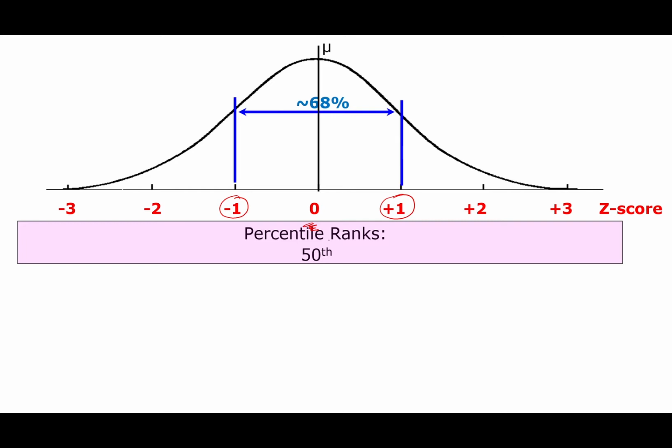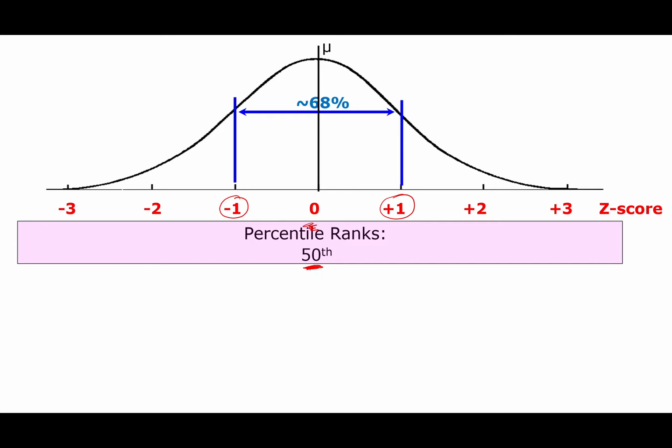And if I'm at my median, then that means I'm at the 50th percentile. By the way, notice I'm using mean and median relatively interchangeably, and that's because this is a symmetric distribution. So my mean is not being pulled toward either direction. So that's why it's really important that we have a symmetric distribution for me to be able to use my empirical rule and other values.